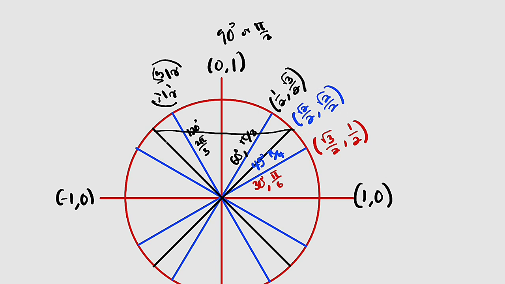The first one, which is x, because this x is negative, it will be negative. But for y, since they all depend on the y at 90 degrees, they will remain root 2 divided by 2. So this is a reference angle of 45 degrees. So the first one will be negative root 2 divided by 2, and the other one will be positive root 2 divided by 2. Simple.